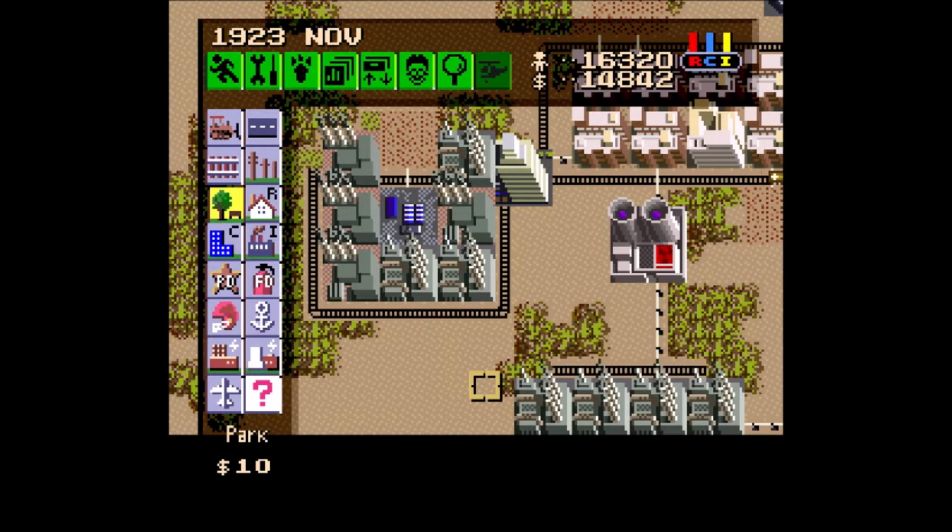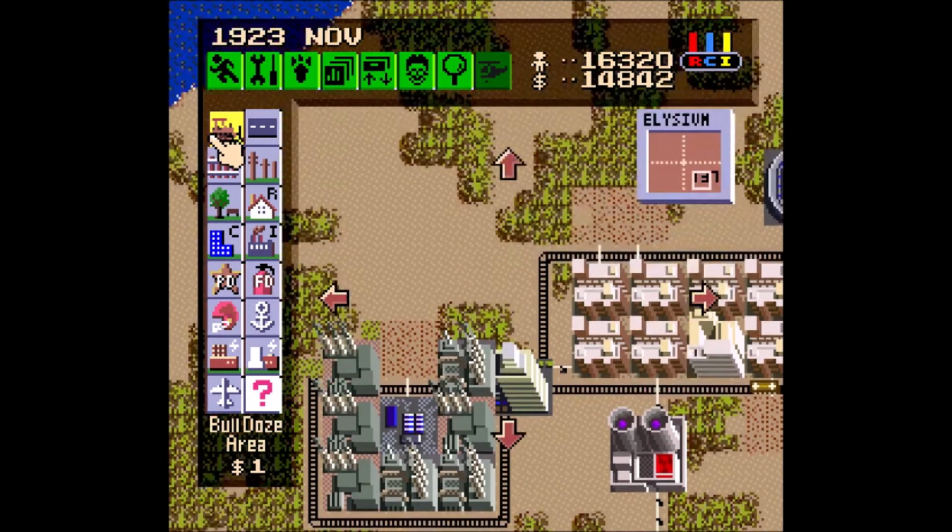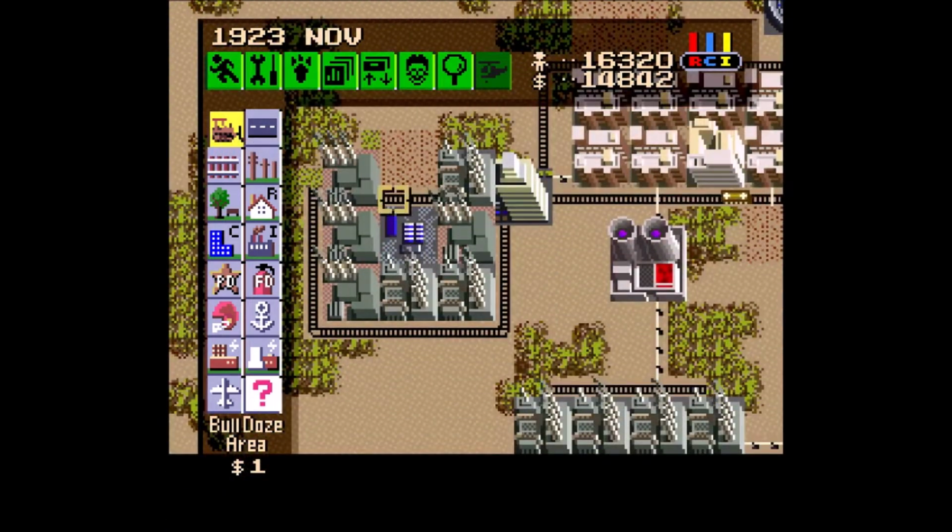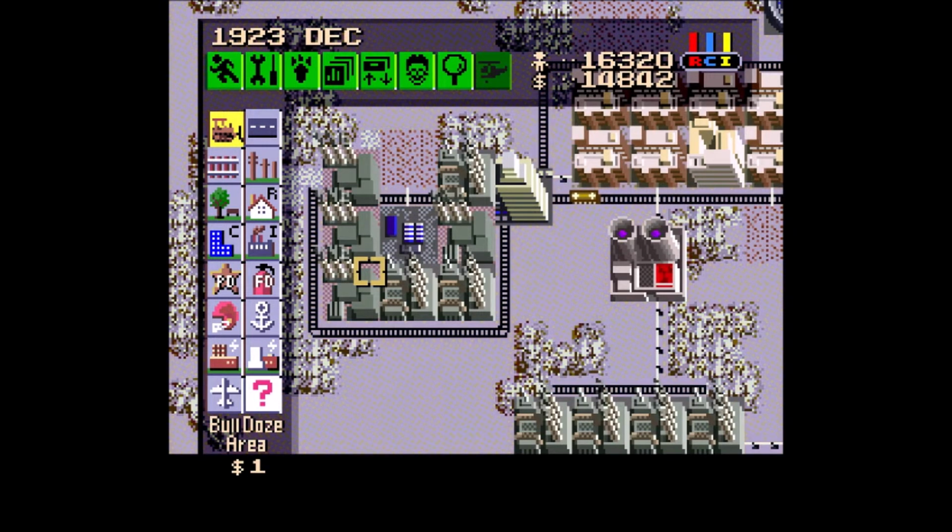When you're building, for commercial zones, you give them optimal conditions. Then once they get to the level that you want them to be at, you can then build industrial zones around them.